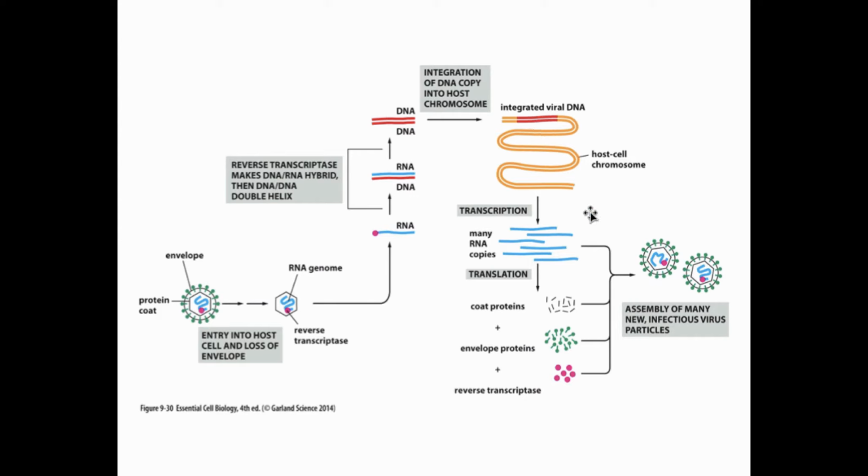The end result is the same. The DNA is converted to RNA through the process of transcription. Then some of the RNA is converted into proteins, including the proteins that make the capsid coat and copies of the very important reverse transcriptase.